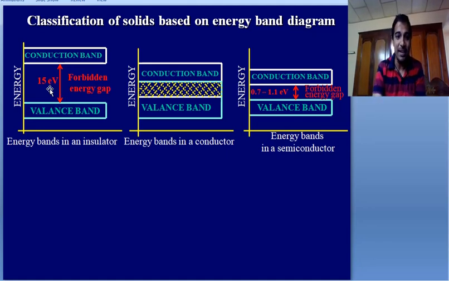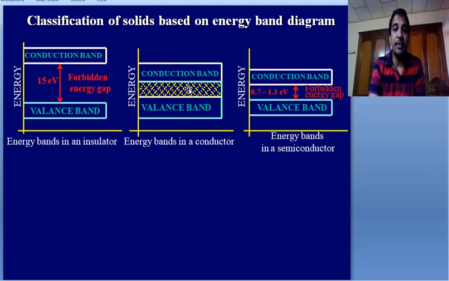If you want to conduct an insulator, you need lakhs of volts, so it is impossible. If you conduct an insulator, it loses its property, right? So the valence band and conduction band separated by maximum energy, you call these insulators. Means the outermost valence electrons number is 7 or 8.